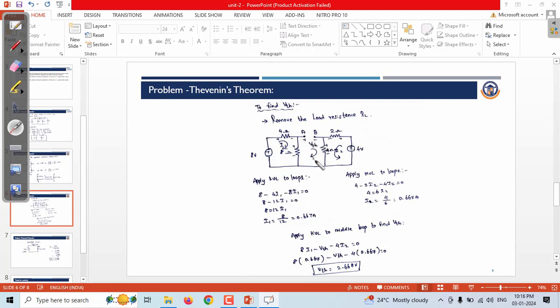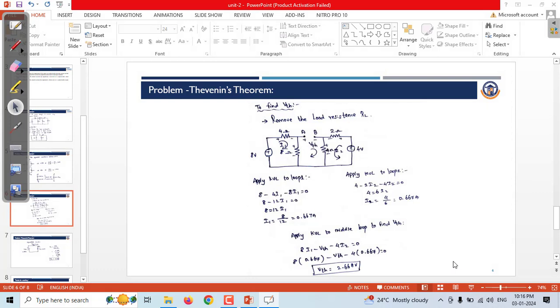You see the current direction, right? So 8 I1 minus VTH minus 4 I2. By substituting I1 and I2 in this equation, we can find VTH. So VTH and RTH are calculated.